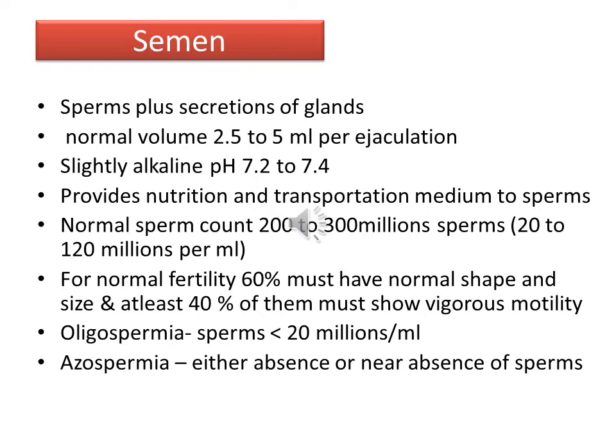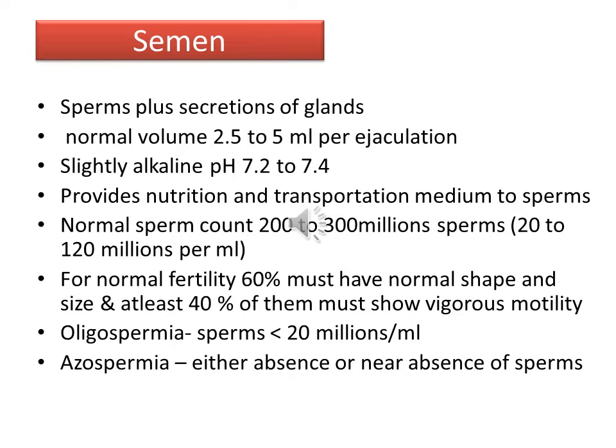Why are they alkaline in nature? Because the vaginal pH is acidic. In that acidic pH, most of the sperms may get killed. So to neutralize the acidic pH of the vagina, the pH of the secretions of these glands is alkaline.